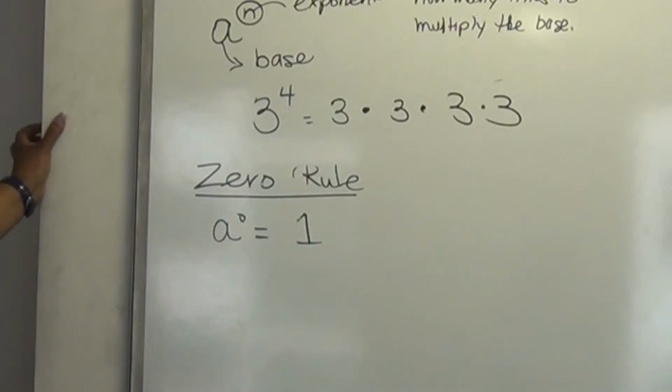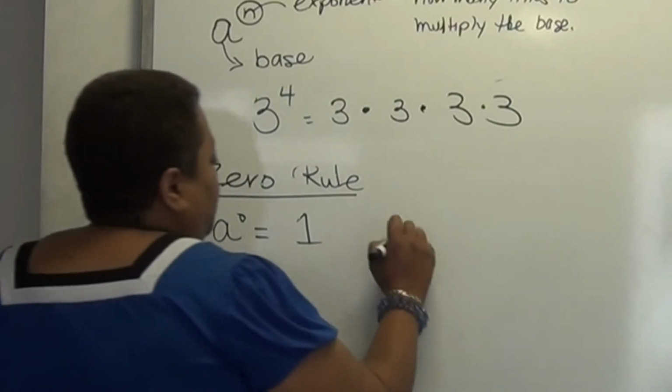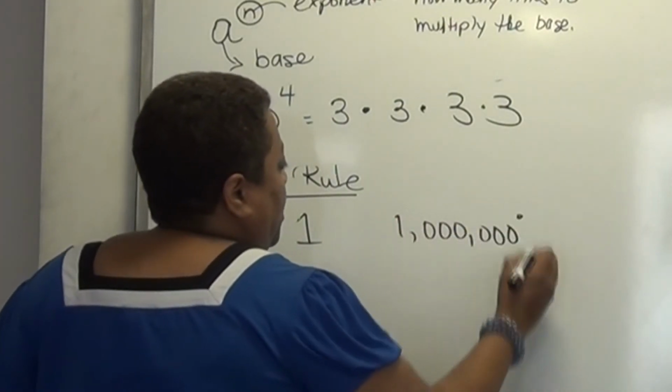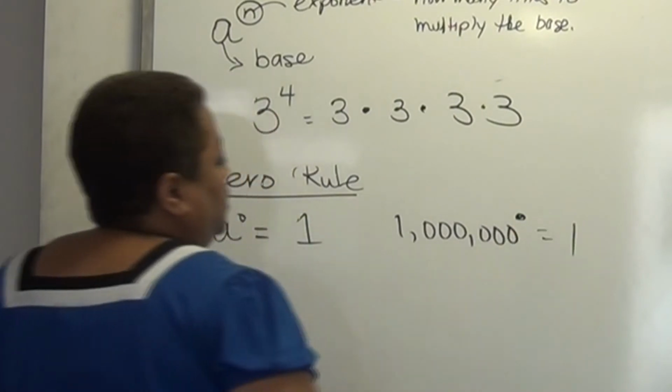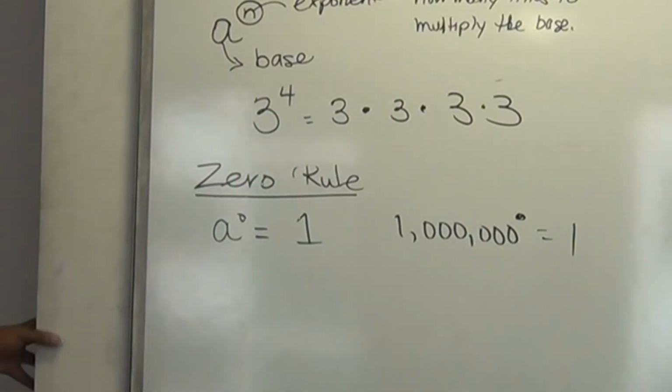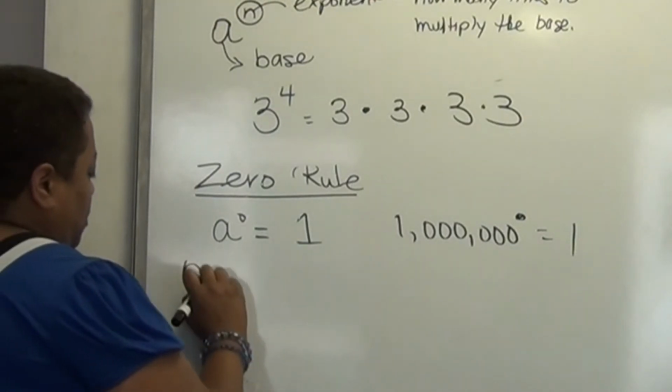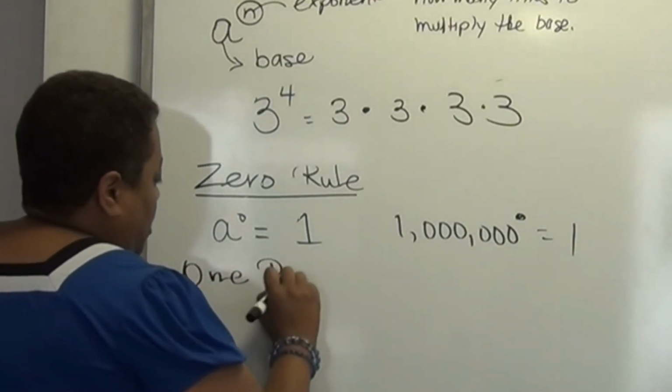Anything to the 0 power is 1. So if I had 1 million to the 0 power, 1. Always 1. Then we have the 1 rule.